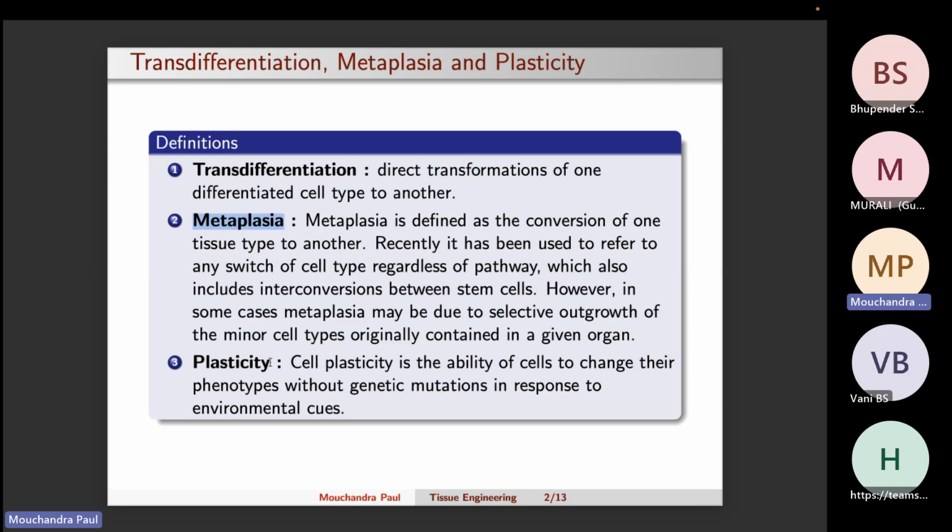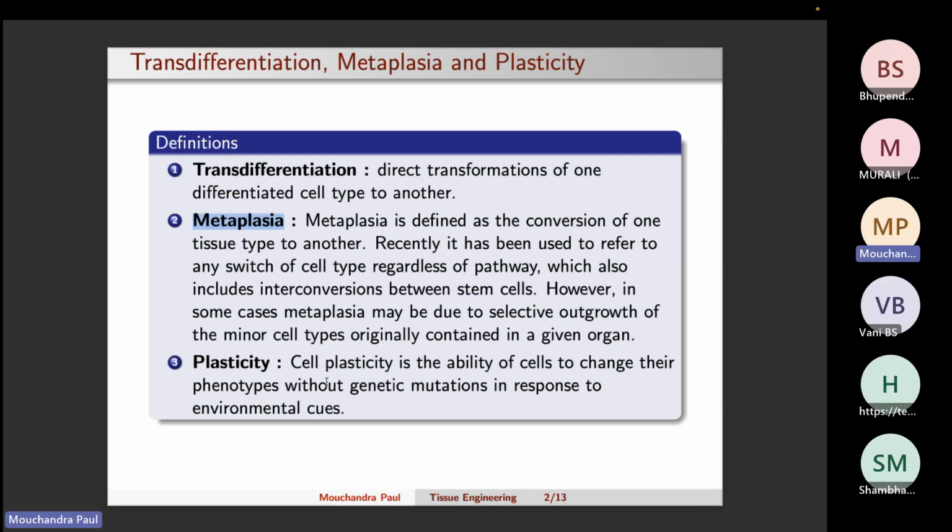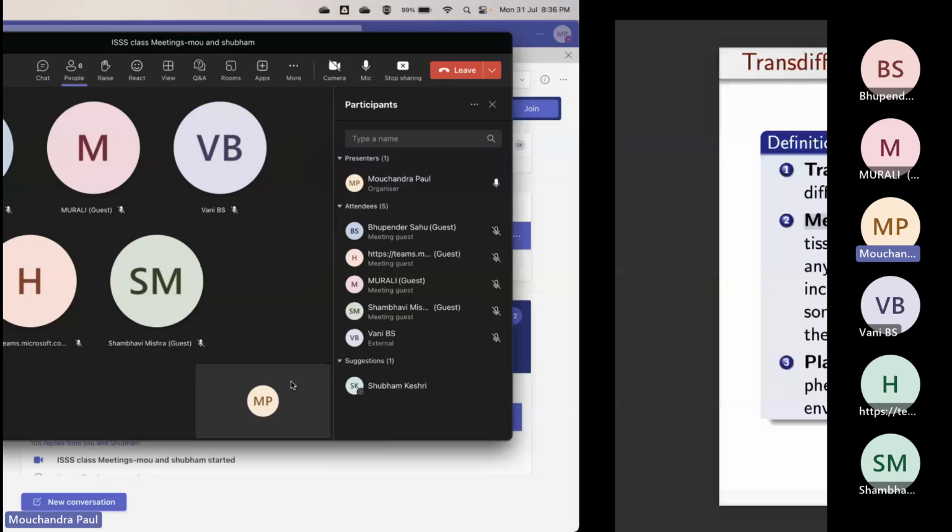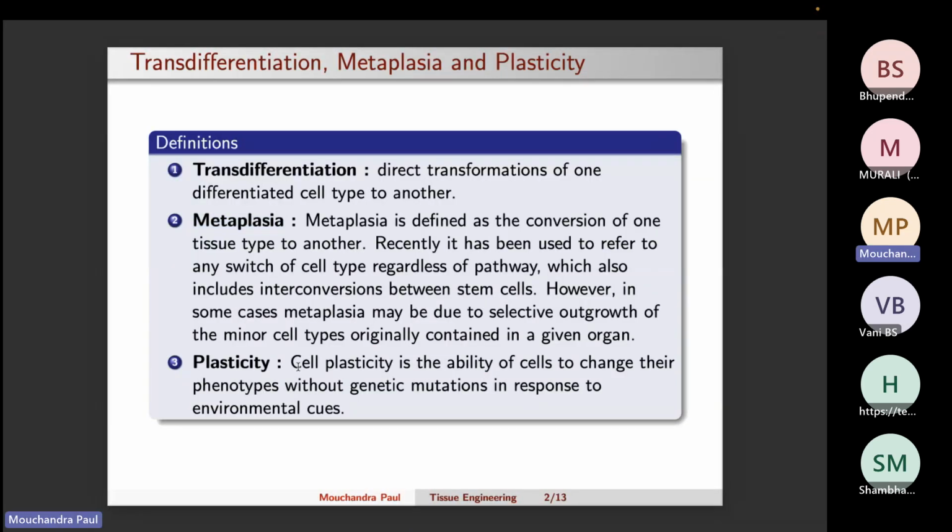Whereas the term plasticity, in general cell plasticity, refers to the ability of a cell to change its phenotype in response to environmental cues. Note, the cell is not doing it under the pressure of any genetic mutation. So at the gene level, no mutation has happened. I hope you are able to understand what a genetic mutation is.